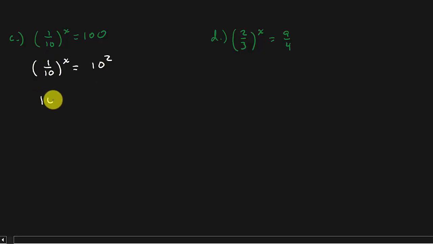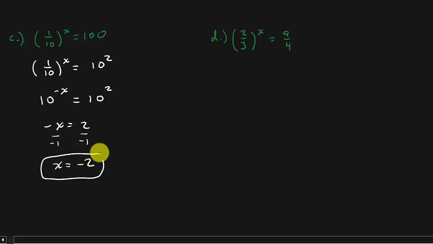So if I take the reciprocal of this, that's 10. That's going to change the sign of the exponent, right? When you take the reciprocal of a fraction, it changes the sign of the exponent. And that equals 10 squared. So now I can set the exponents equal to each other. So negative x equals 2. And then I can divide both sides by negative 1. So x equals negative 2.